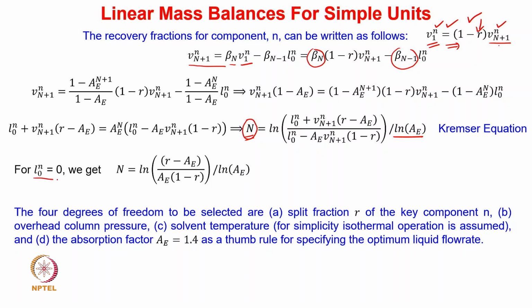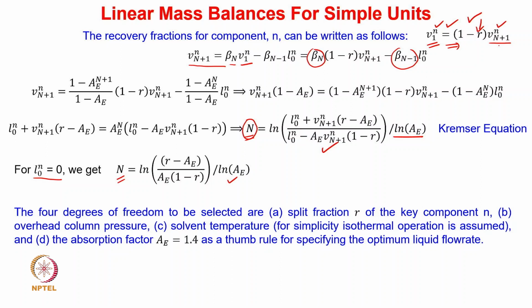If we have L naught with respect to the key component equal to 0, this equation can be further simplified: the minimum number of stages required can be obtained as ln of (R minus ae) divided by ae into (1 minus R), and this entire term is divided by ln ae.